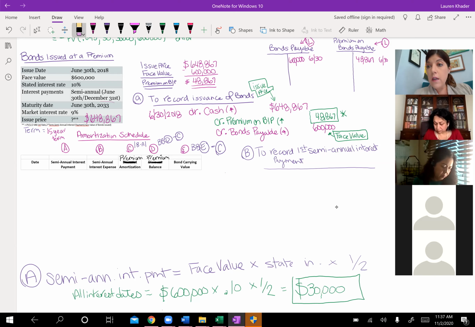Column C is called premium amortization, not discount amortization. That's the only difference. The calculation is still the same. Column D is our premium balance. Calculation is still the same. And column E is our bond carrying value.